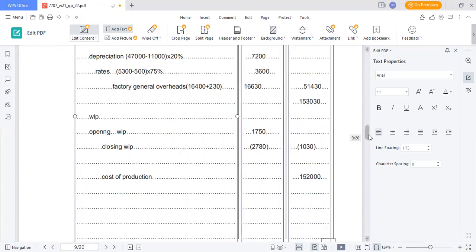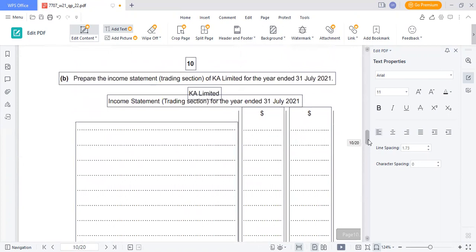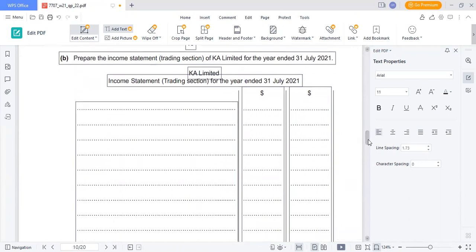Okay, moving towards part B. Prepare the income statement trading section of KA Limited for the year ended 31st July 2021.